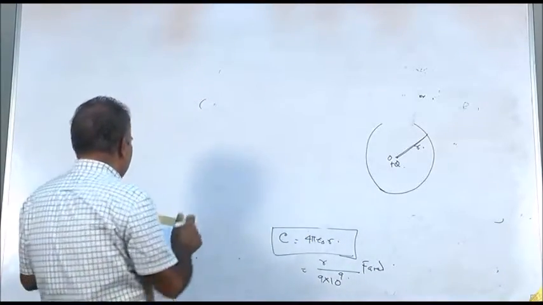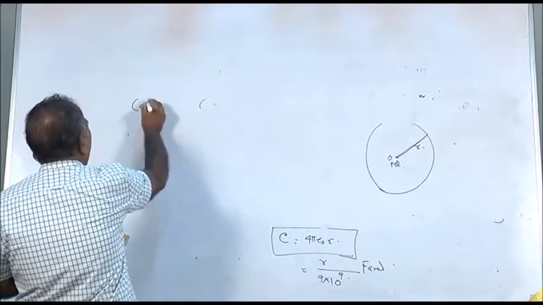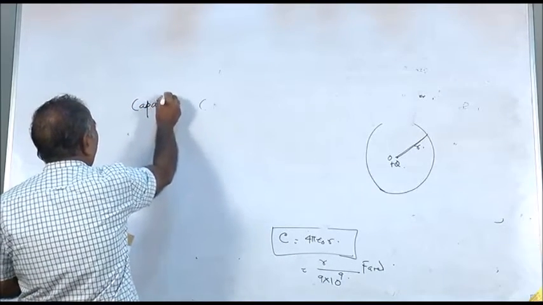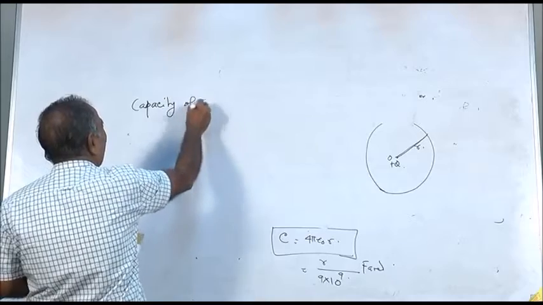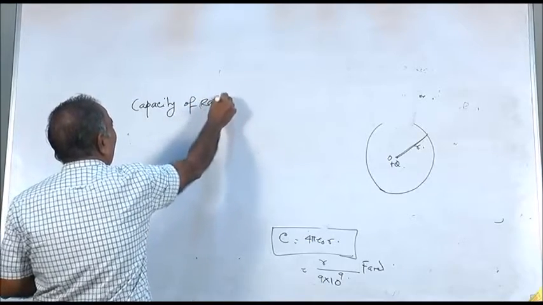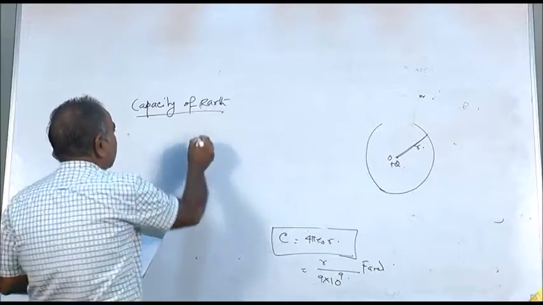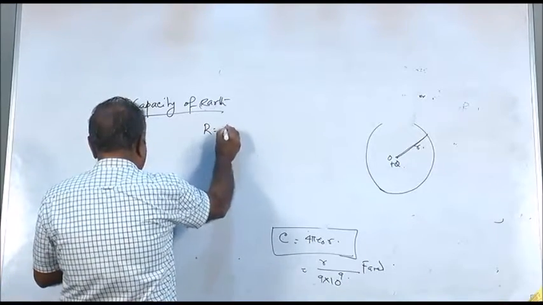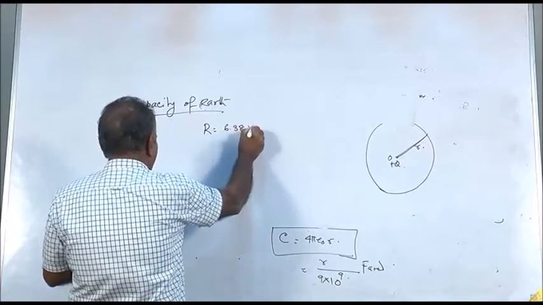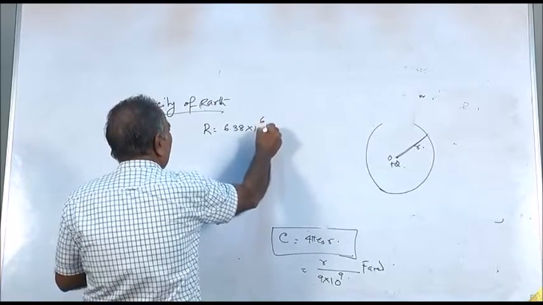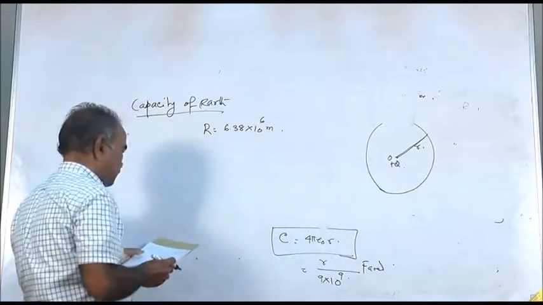Then the capacity of earth. We know the radius of earth R is equal to 6.38 x 10^6 meter.